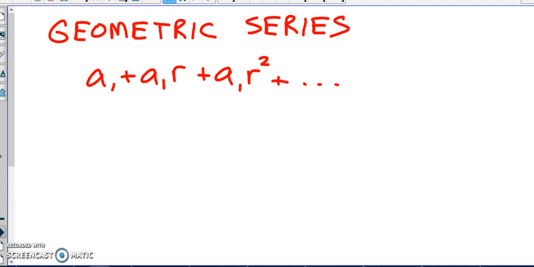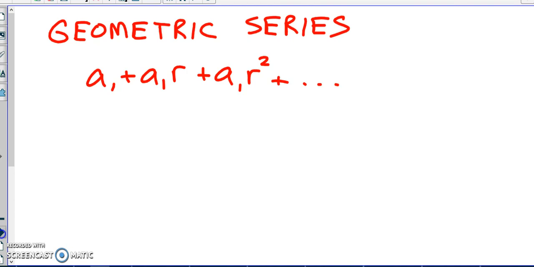Well, what happens is, if your common ratio is bigger than 1, that means that you're going to be adding up bigger terms each time. You can clearly see that that would be an infinite sum. I mean, it would grow without bound.